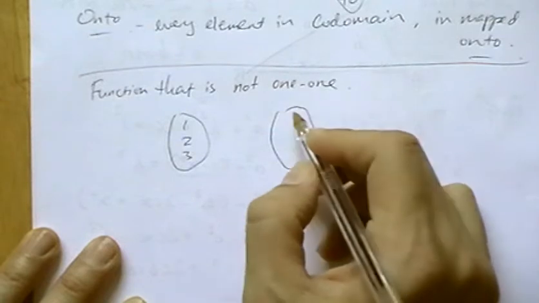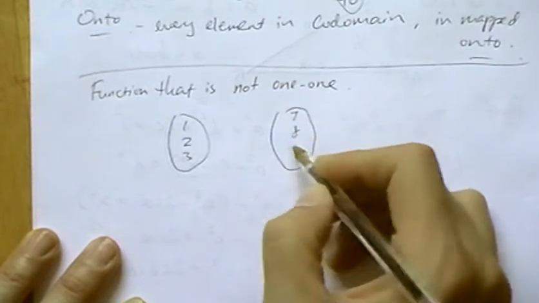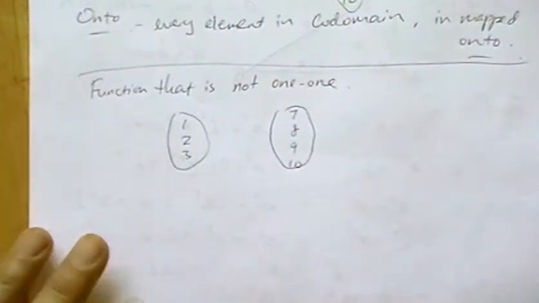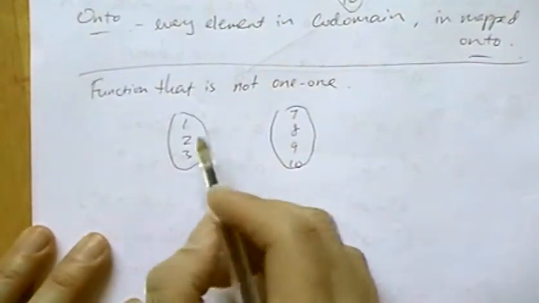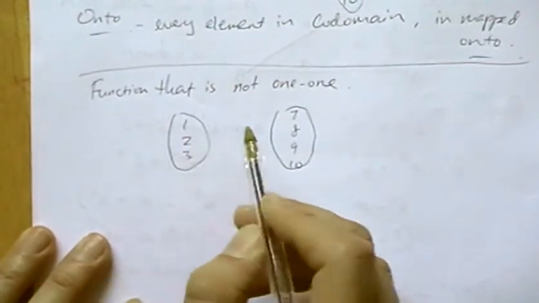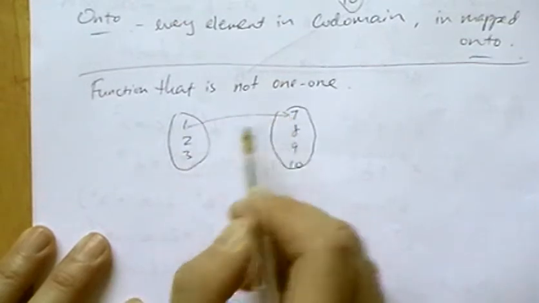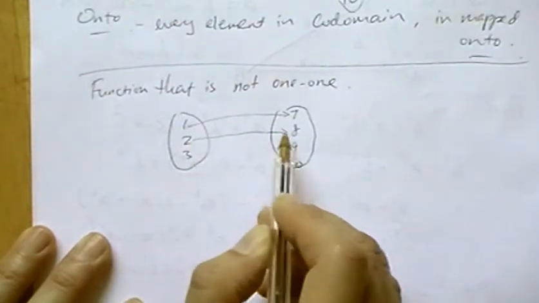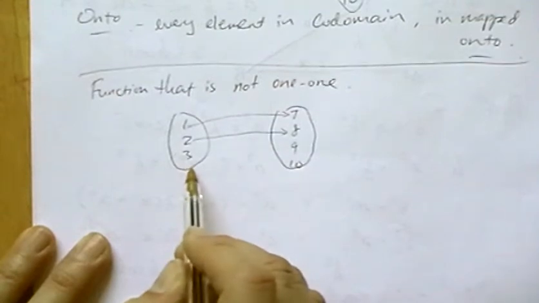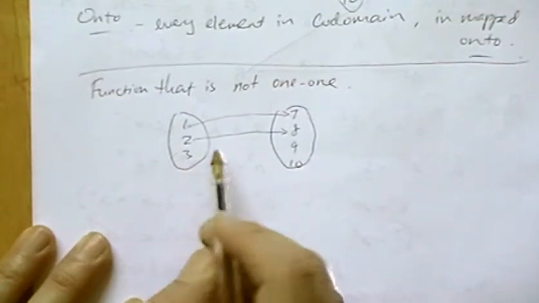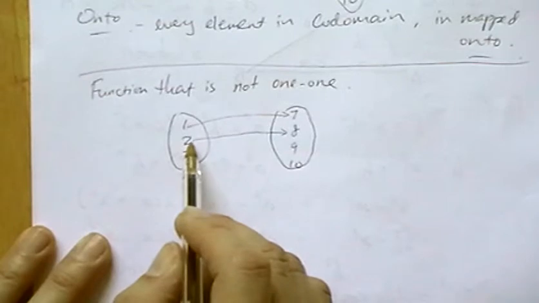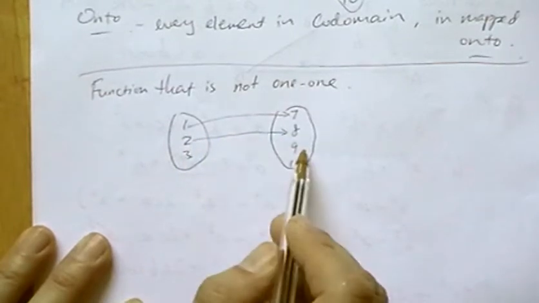Example: 7, 8, 9, 10. So each must have a unique answer. Right? So this, say 1 goes to 7, 2 goes to 8. Meaning that unique, meaning that 2 cannot go to both 8 and some other number, right?